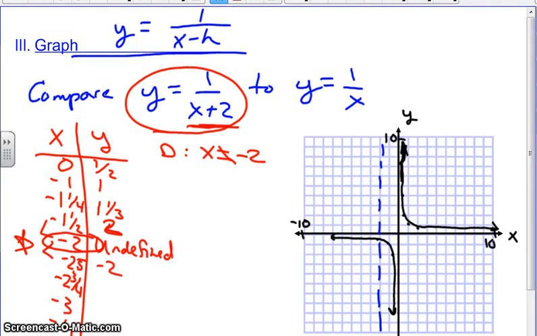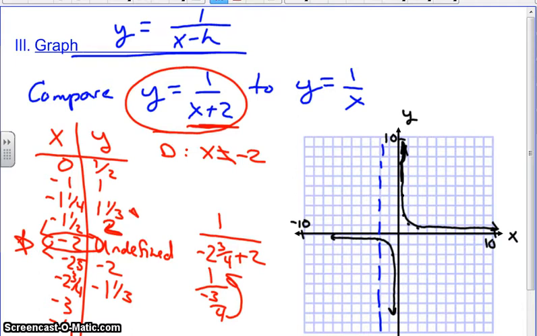Okay, let's try it with negative 2 3/4. So 1 over negative 2 3/4 plus 2 is what? 1 over negative 3/4, right? So we're dividing by negative 3/4, or we're multiplying by negative 4/3, right? So the answer is negative 4/3 or negative 1 1/3, which is just like this one here, right?